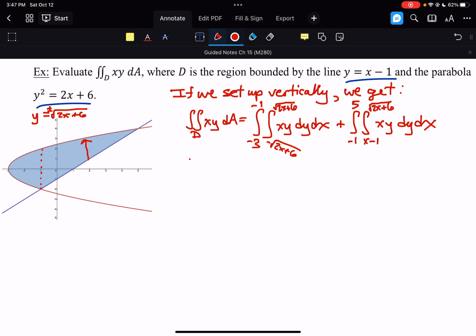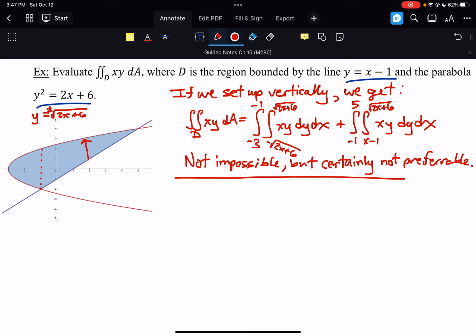So this setup is not impossible, but certainly not preferable. So setting this one up vertically is really not the way to go.